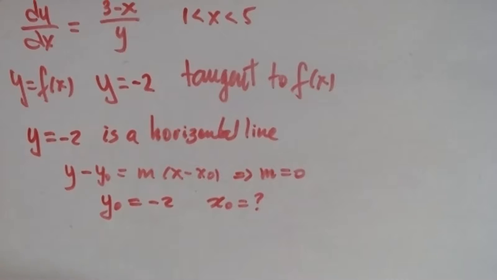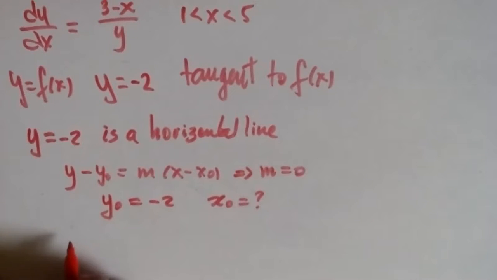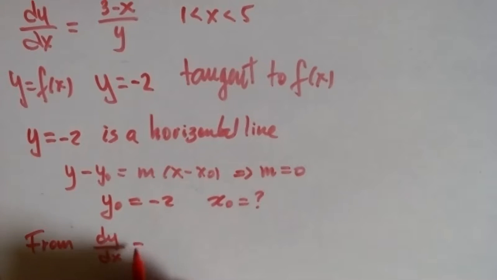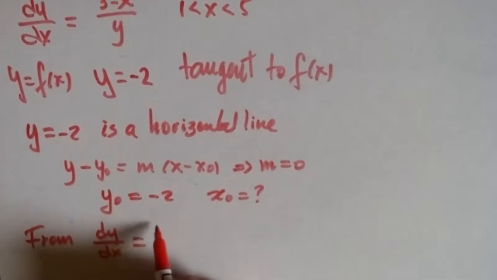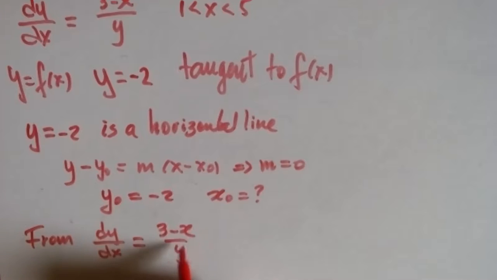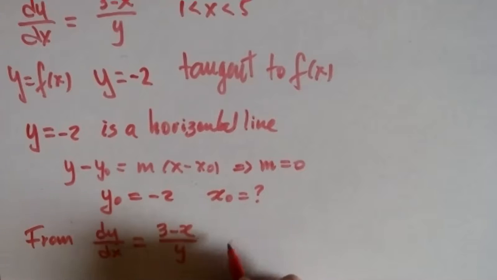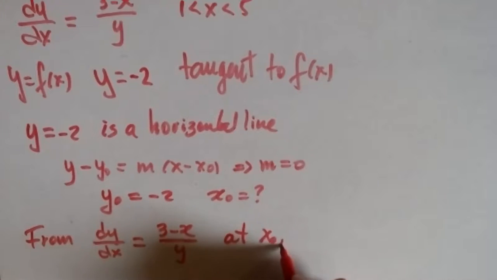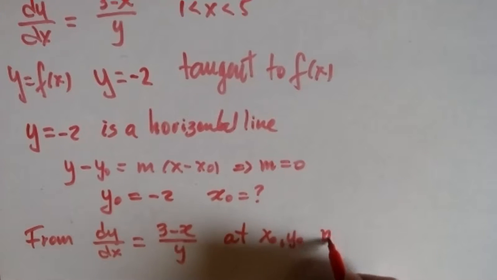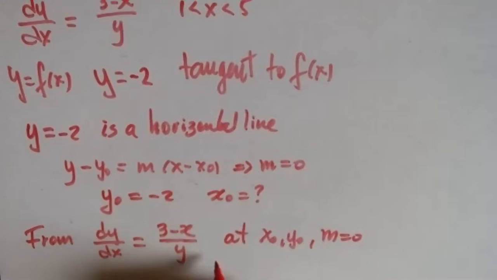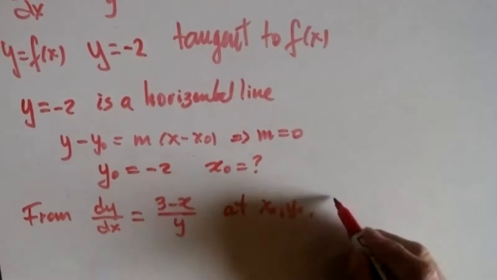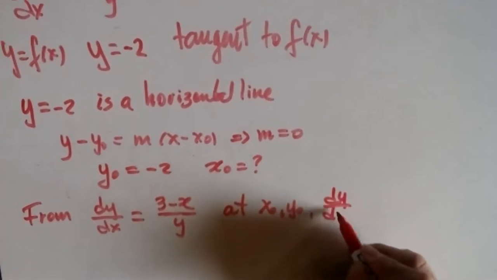Okie dokie. So from dy/dx = (3 - x)/y, we know that at the point (x0, y0), m is 0, or dy/dx equals 0.